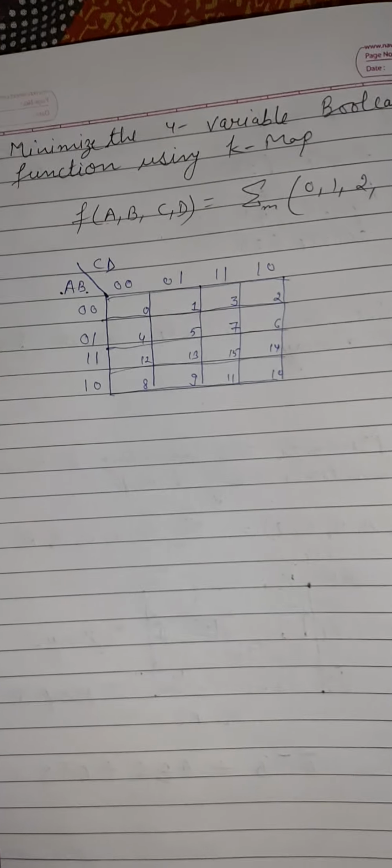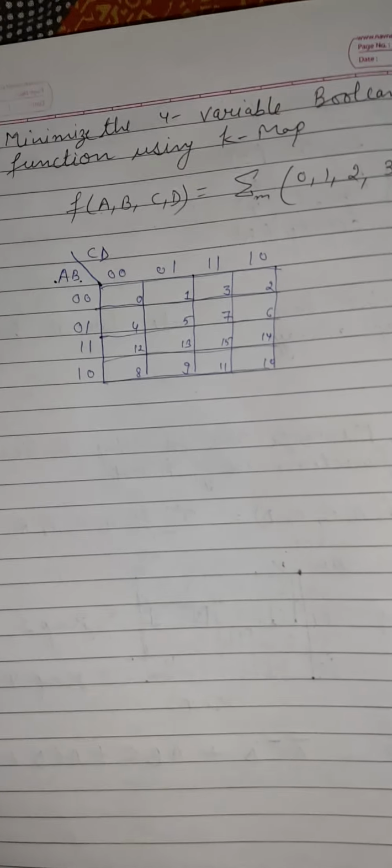So this is the way we can give the numbering. This is the standard format. So keep in mind, this is the standard format and we have to create the K-map only in this manner.